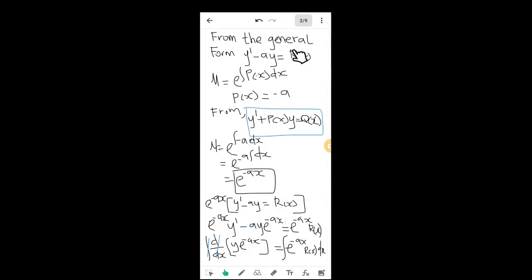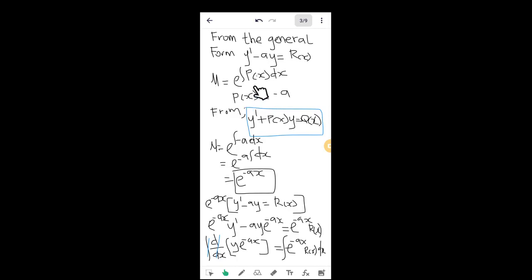Further on, we know that from the general equation dy dx, that is y prime minus ay equals r of x, that's the linear first order differential equation with constant coefficient. The idea is that we have a linear function, we try to find the integrating factor. Remember, we've done that previously. So we are using that idea for the D operator.